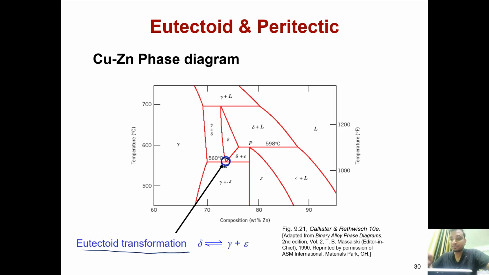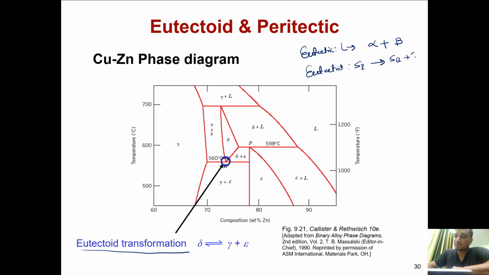Now eutectic, you learned that liquid once it changed to alpha plus beta, and in the case of eutectoid, there are basically 3-4 types of reaction. This is eutectic, then eutectoid. One solid will transform to, like solid 1 will transform to solid 2 plus solid 3. Okay, this is eutectoid.